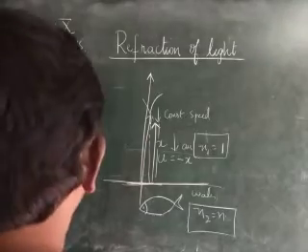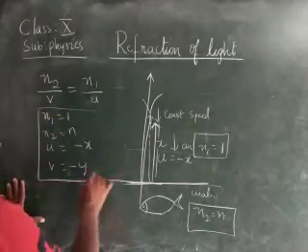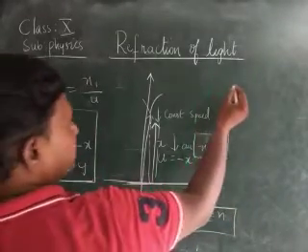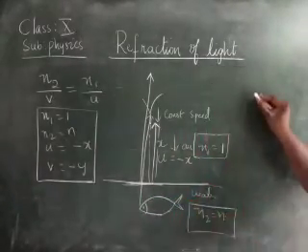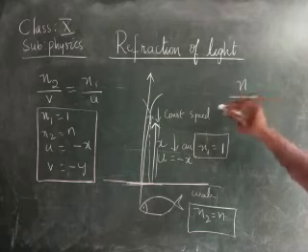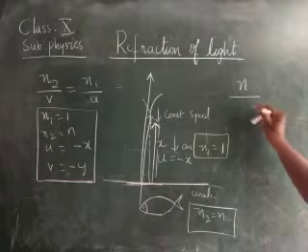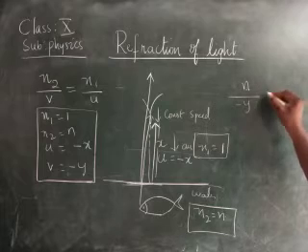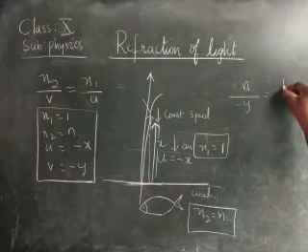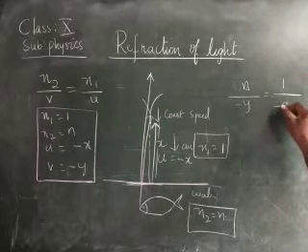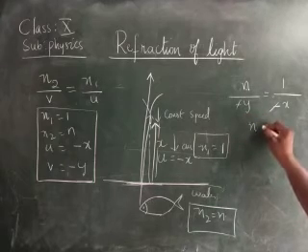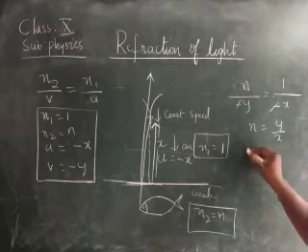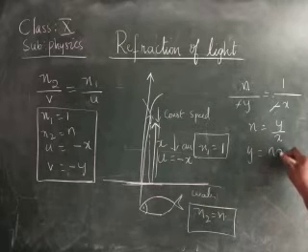Substitute these values in this equation. n2 is n, by v, and v is minus y. n1 is 1, u is minus x. Minus cancels. Therefore n is equal to y by x, so y is equal to nx.